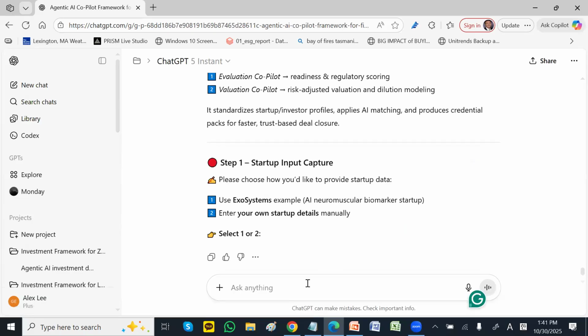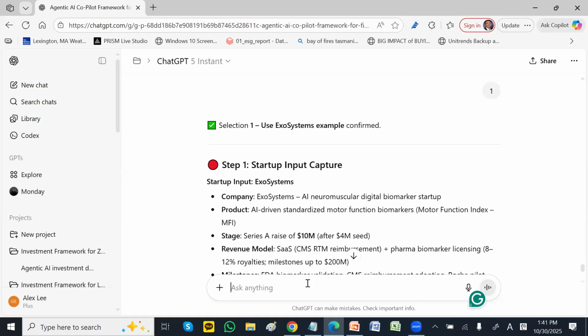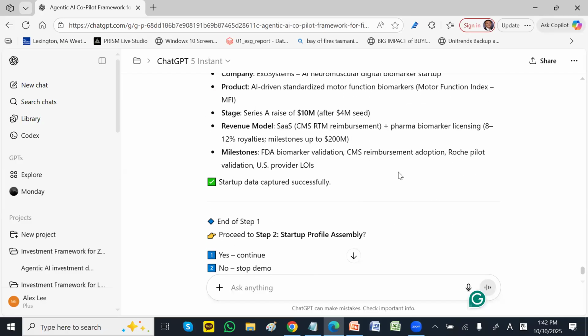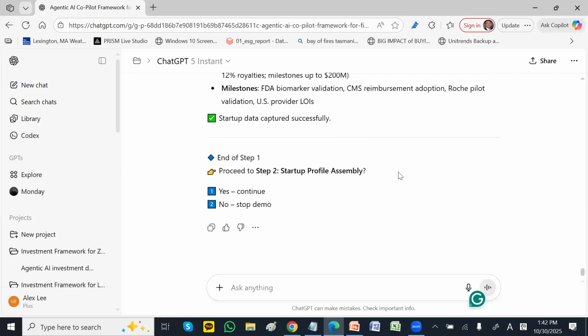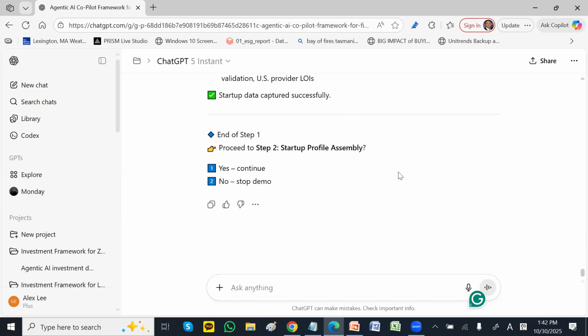I will use the same company, starting from the fundraiser side. As an input, it understands the profile, and then it gives you the profile to show to the investors.